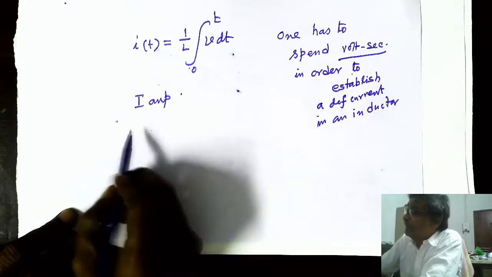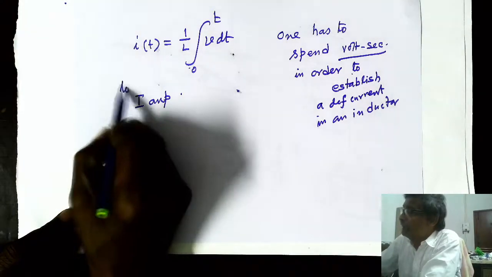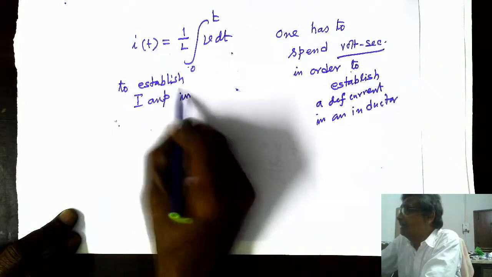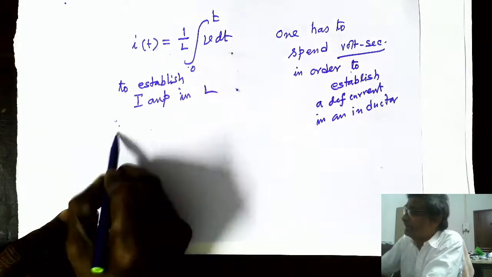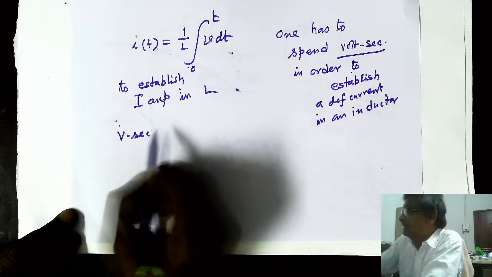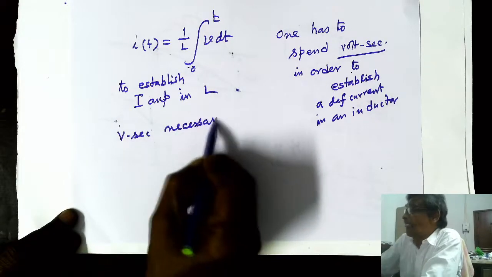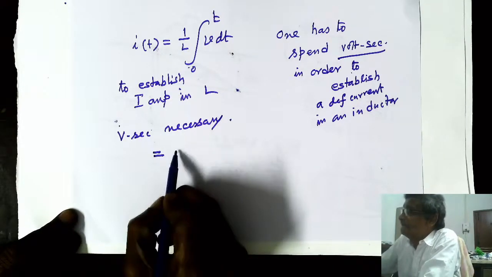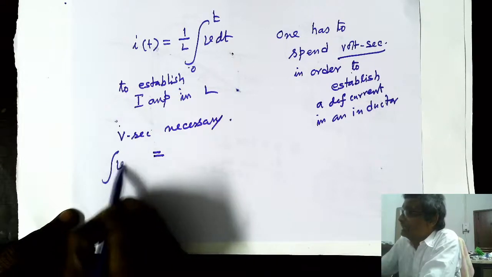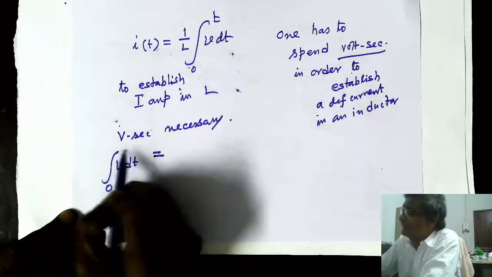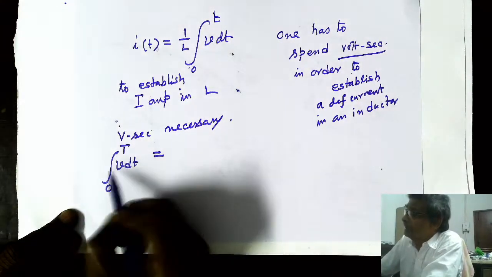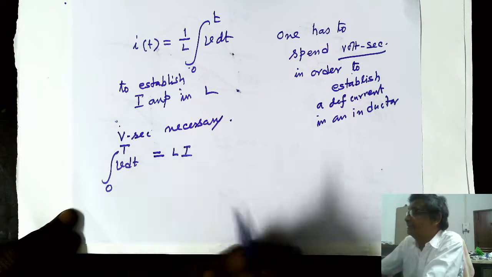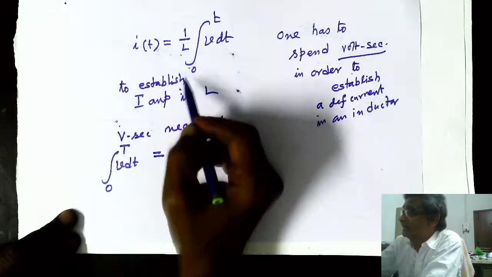I will say, to establish a fixed current I ampere in L, the volt second necessary will be the integral of V dt over a fixed time, say capital T, and that is L into I. L into I is this integration.